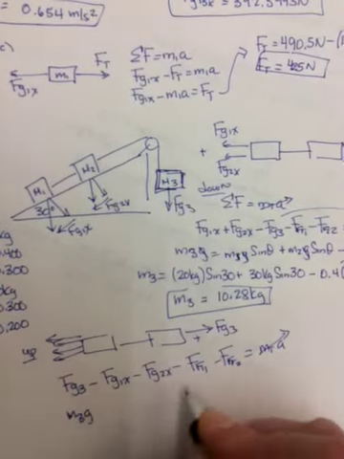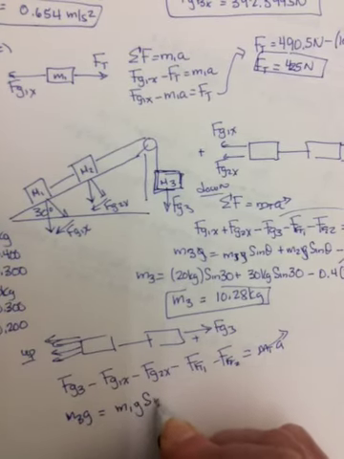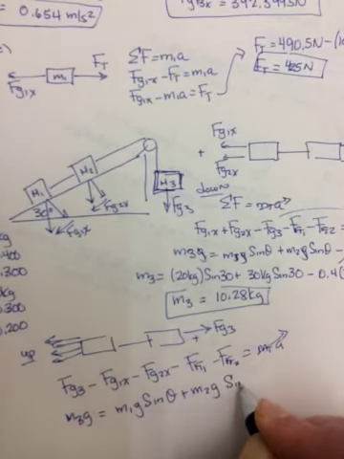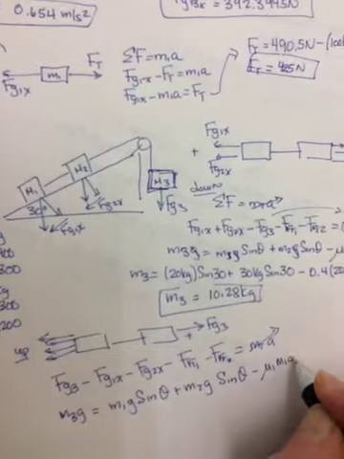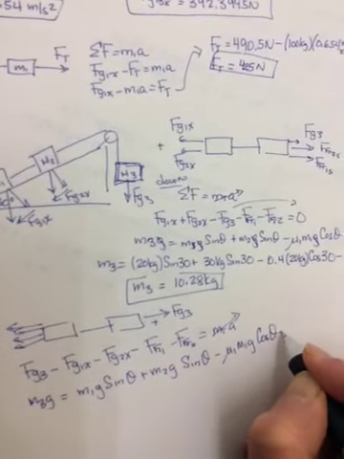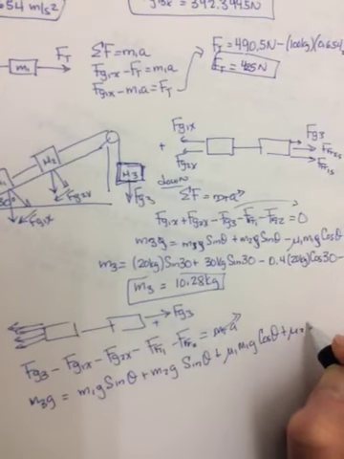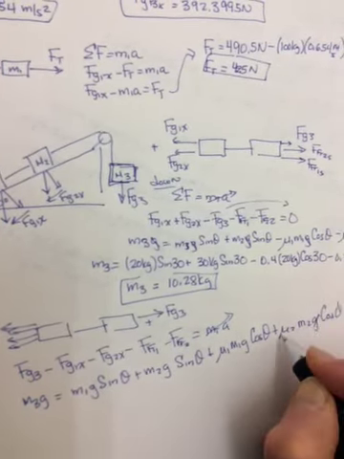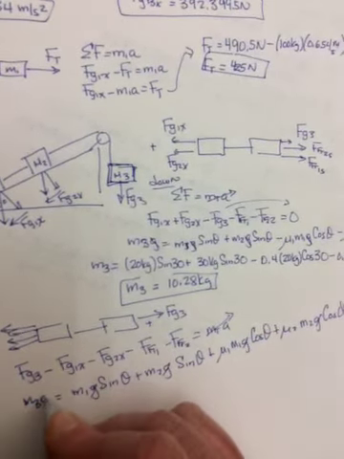So M3G, take all the other ones over and they become positive. M1G sine theta plus M2G sine theta plus mu1 M1G cos theta plus mu2 M2G cos theta. Again, the G's will all cancel and fill in your numbers.